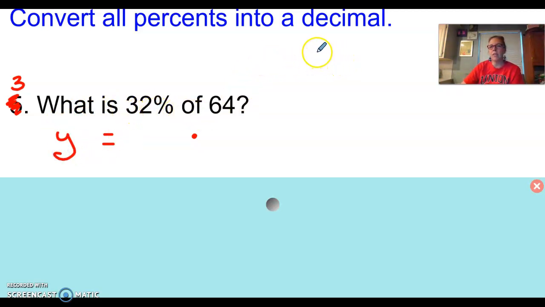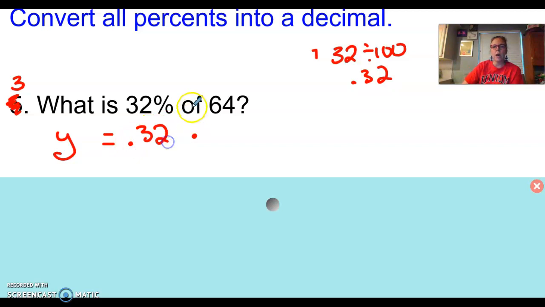32%. Remember, we make 32% as a decimal. Remember, you divide by 100. So it would be 0.32. Or move the decimal 2 places to the left. So 0.32 of, and then you just bring down 64.